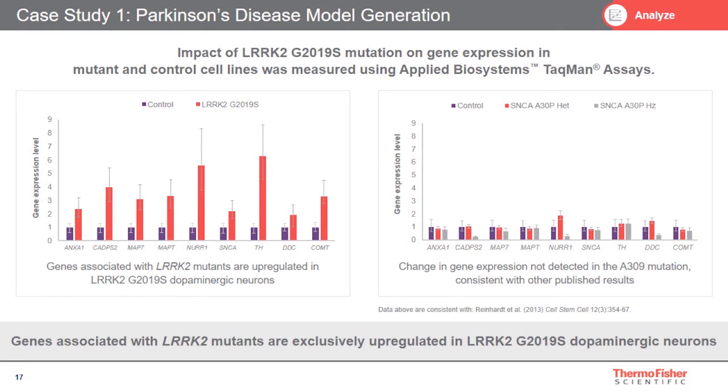Now, interestingly, no changes in gene expression were observed in the SNCA mutant line. And this, again, is consistent with some of the published data in the literature, but what it strongly suggests is that these changes in expression patterns are specific to the LRRK2 G2019S mutation.